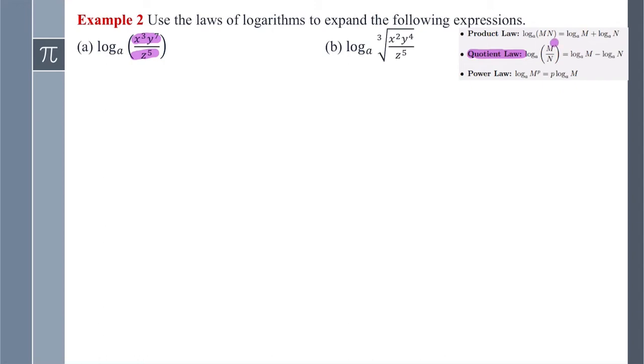Log base a of m over n equals log base a of m minus log base a of n. The numerator is m and the denominator is n. So this equals log base a of x cubed y to the 7th minus log base a of z to the 5th.